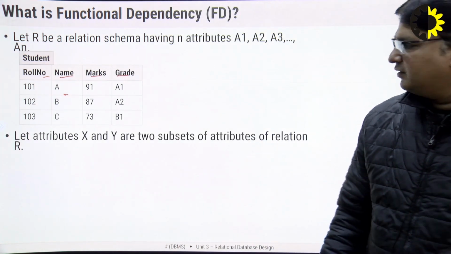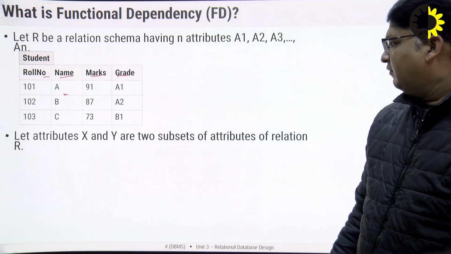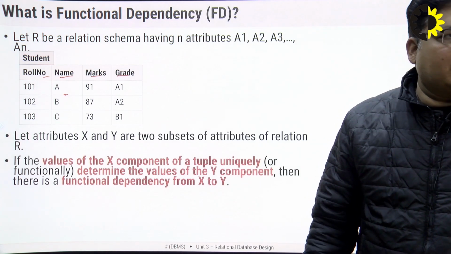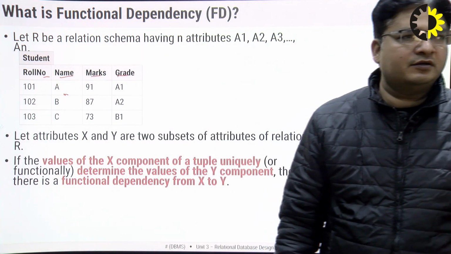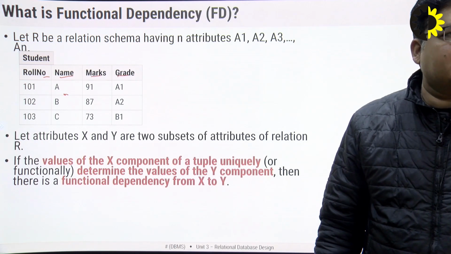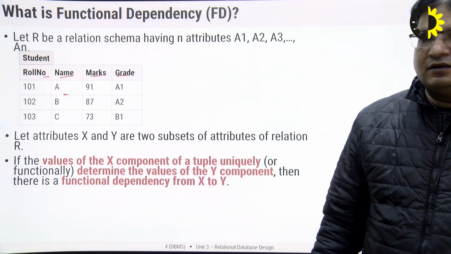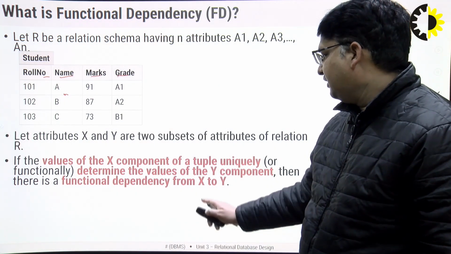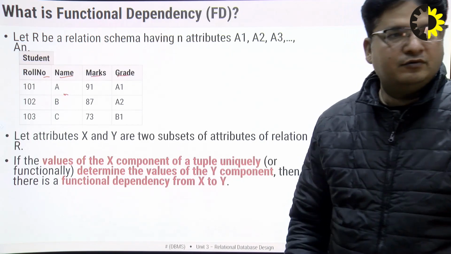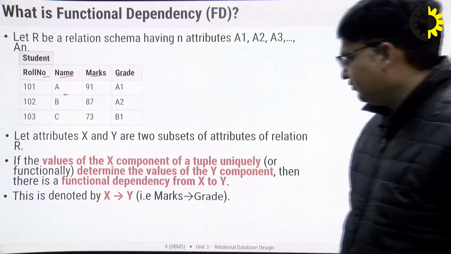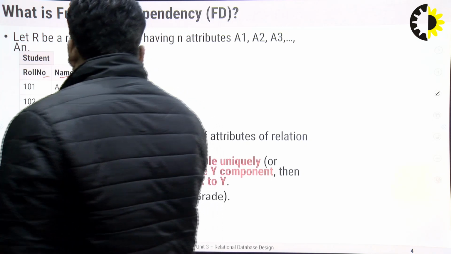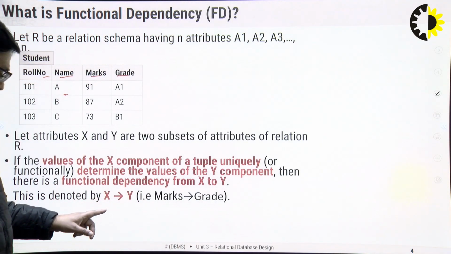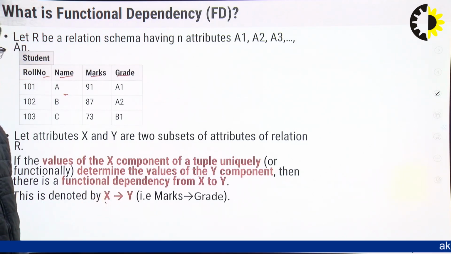Let us consider 2 attributes x, y, which are 2 subsets of the relation R. Now, if the value of the x component of a tuple determines the value of the y component, then we say that there is a functional dependency from x to y. This is denoted as x determines y, where x is known as the determinant and y is known as the dependent.